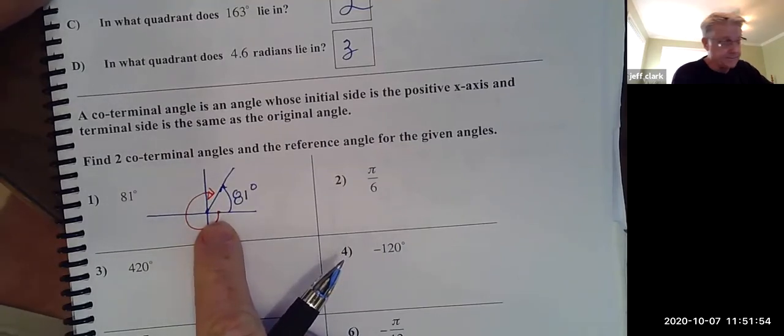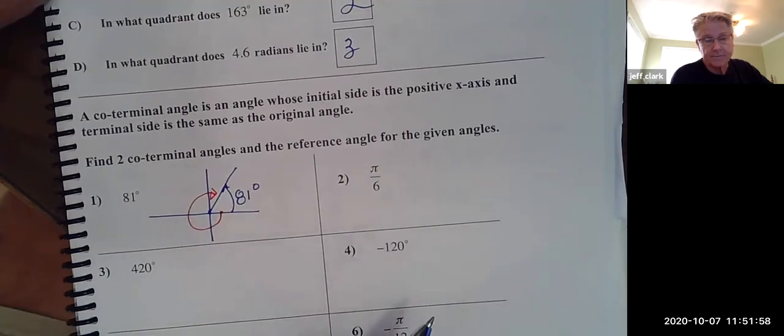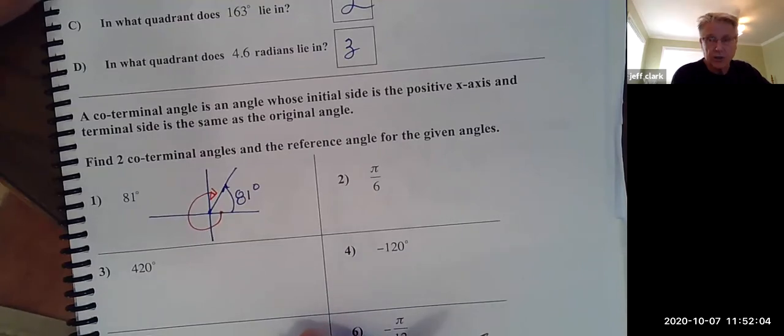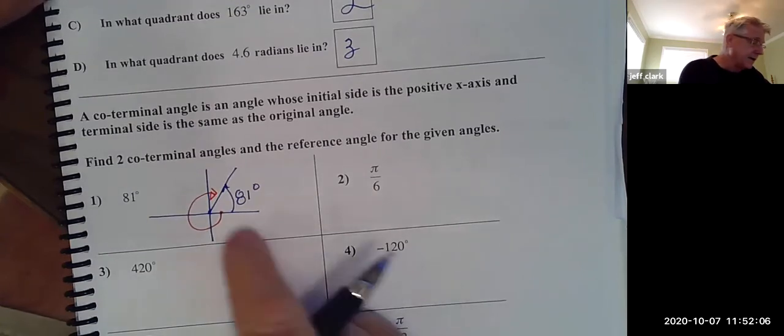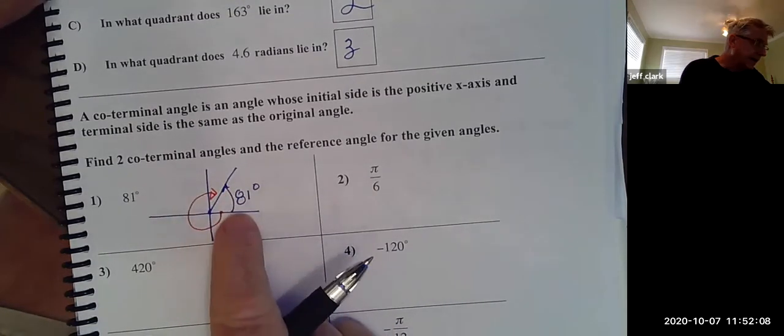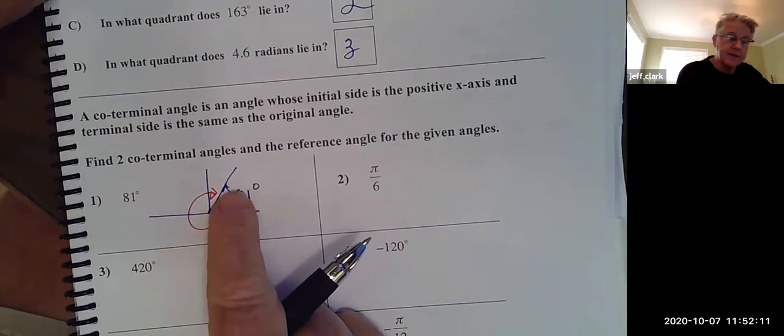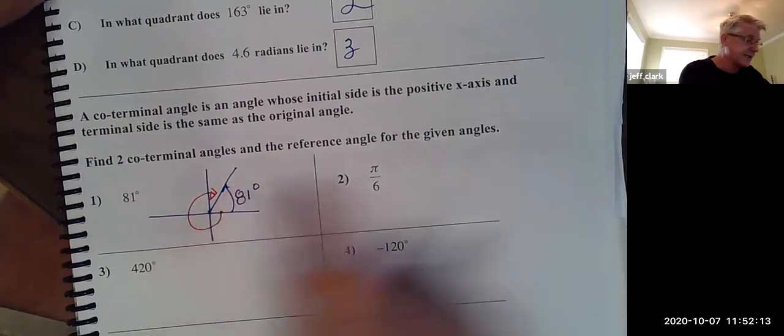So here's an idea. Isn't 360 all the way around? I'll say that again. 360 degrees is all the way around, and 2 pi is the radian measure all the way around. I'm going to subtract 81 degrees from 360.